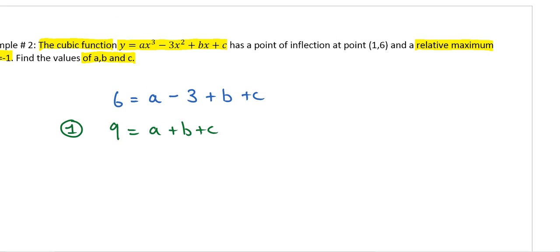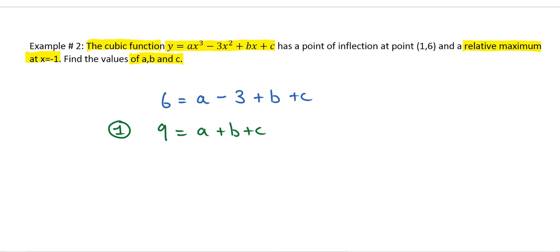Let's take a look at the second piece of information here. It says that I have a relative maximum at x equals -1. If you have a relative maximum, that means you have a horizontal tangent line, so your critical number here is going to be -1.